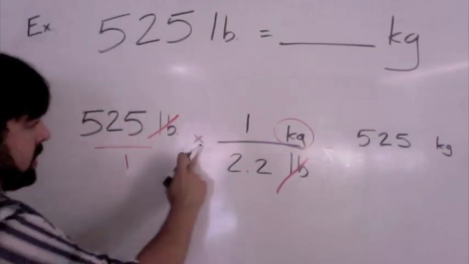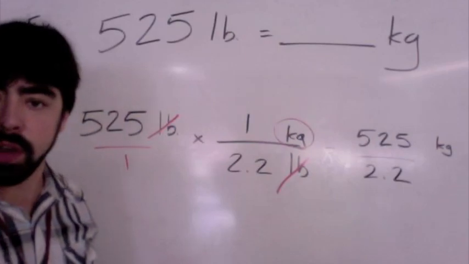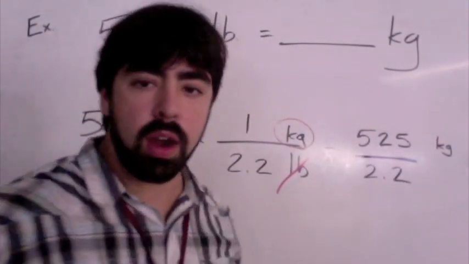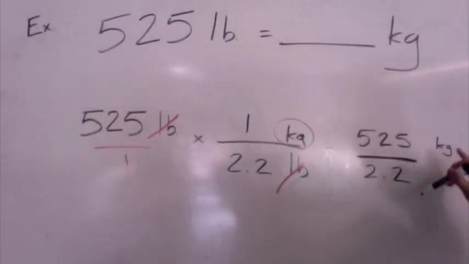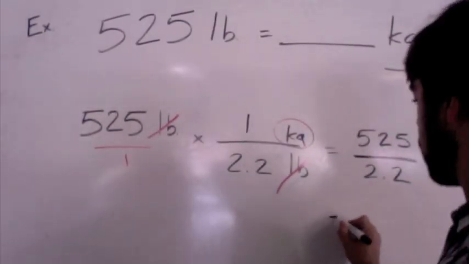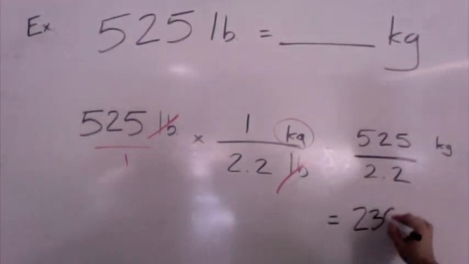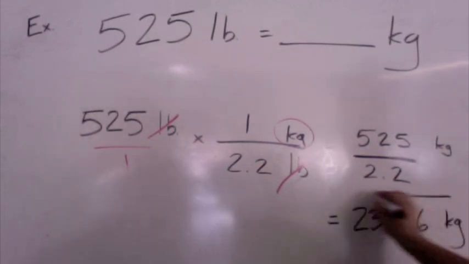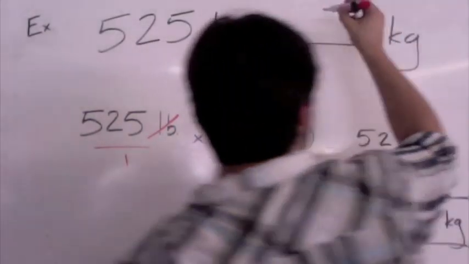The bottom is 1 times 2.2, so 2.2, the pounds are gone. So what you have to do here is 525 divided by 2.2. And that's going to give you 238.6 kilograms. Let's write that up here for good measure.